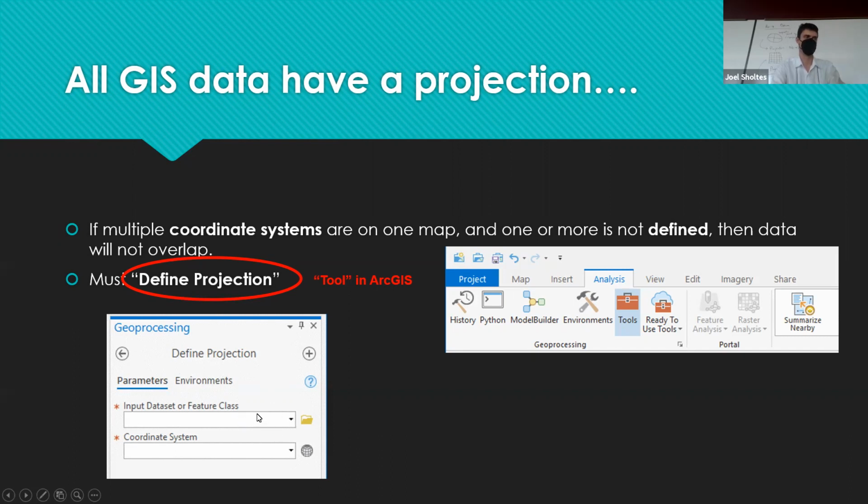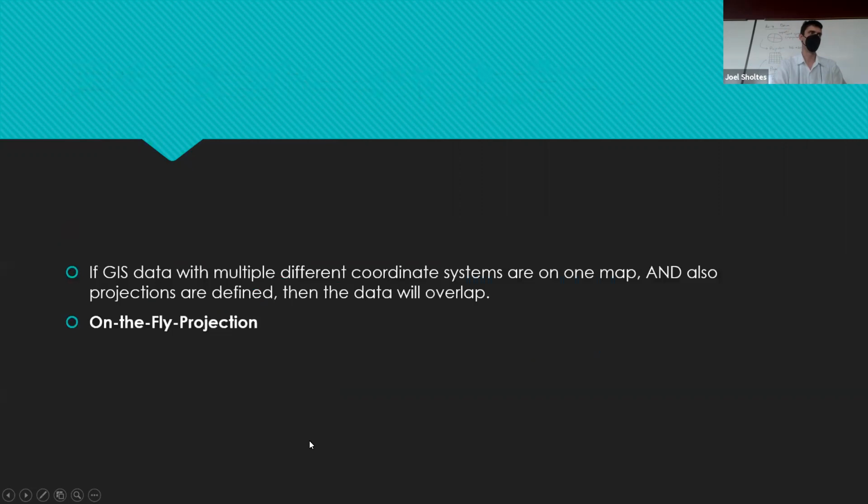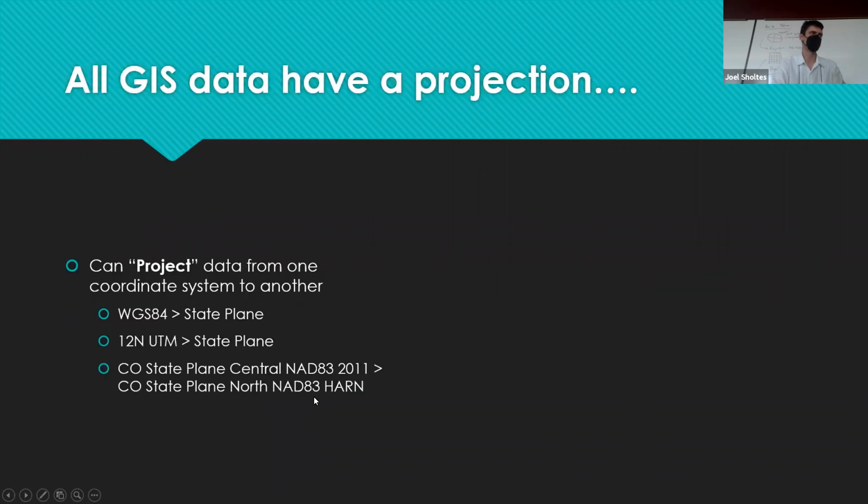We put in the unprojected data, and all it means is it does not have a .prj file. The data does have coordinates, it just doesn't have, ARC can't read and understand where those coordinates should be. So you bring in the data, you tell it what the coordinate system should be based on some detective sleuthing, and then it will do that for you.